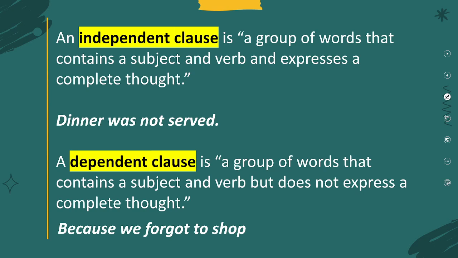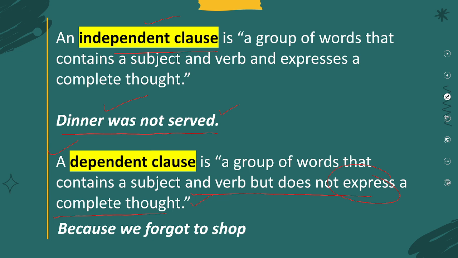Now, we already know that an independent clause gives us a complete thought, like dinner was not served. This is totally a clause which is independent. A dependent clause does not give us a complete thought.